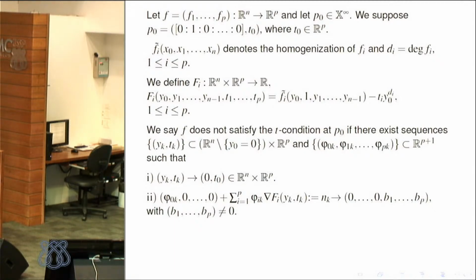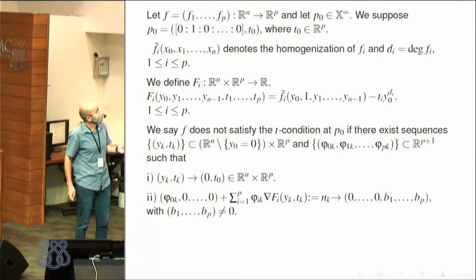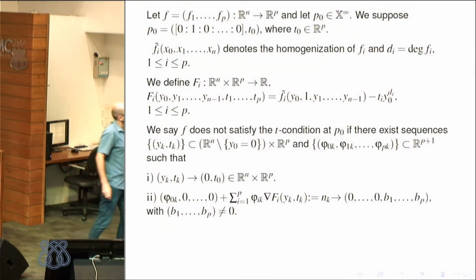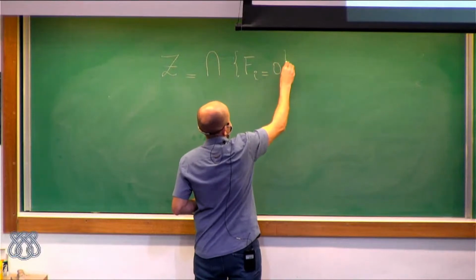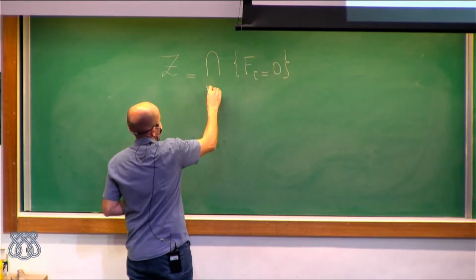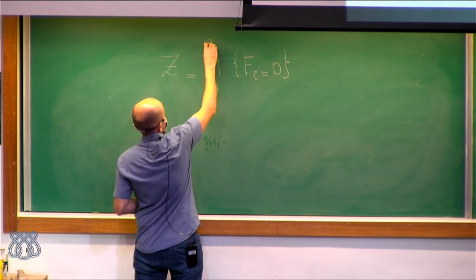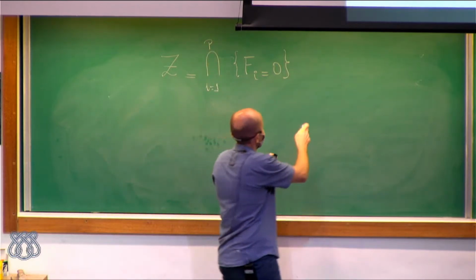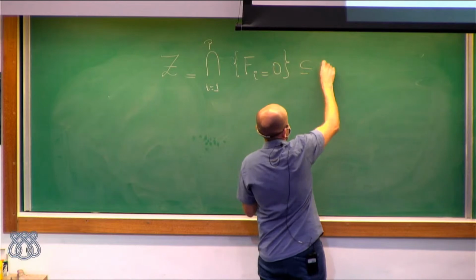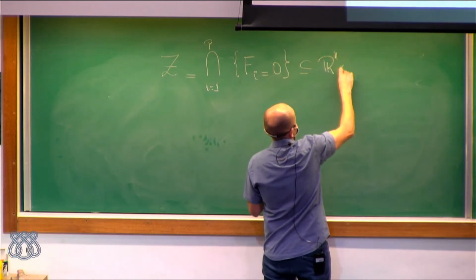When you consider this coordinate system here, you can consider the functions fi. So you consider Z, for instance, as the intersection of the zero set of fi for i equal to 1 to p. This is a subset in Rn times Rp.